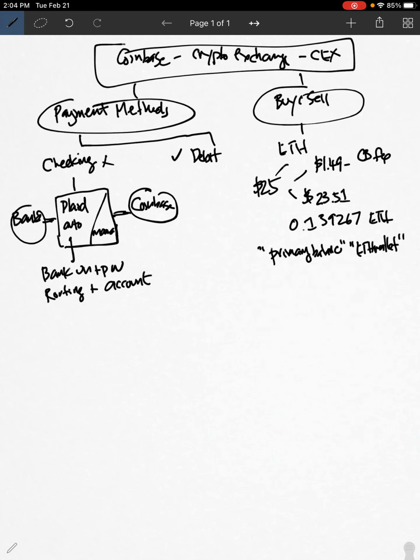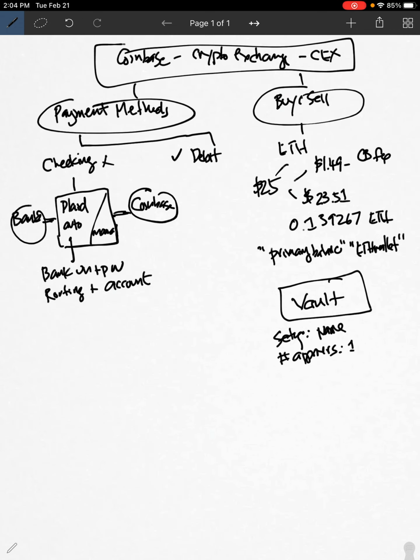Okay, one of the more secure ways I could hold on to my ETH is to use a vault feature in Coinbase. So basically during setup, I get to pick a vault name, and then also the number of approvers, and then it's either 1 or 2 plus. And if it's 1, then it still needs 2 emails. And so this is the option I took.